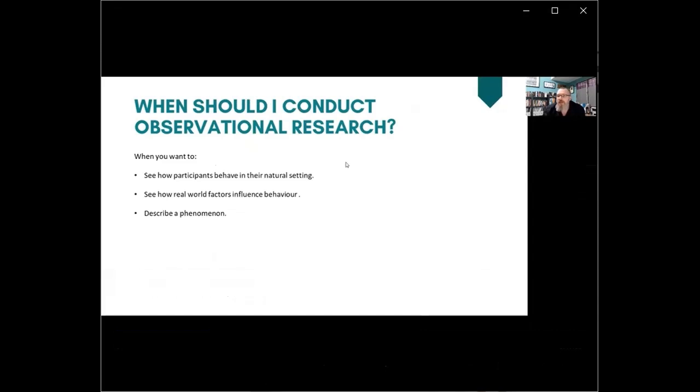So when should I go about conducting observational research? Under what circumstances does observational research give value to me on my research journey? And it's really looking at three broad areas. We want to see how participants behave in their natural setting.